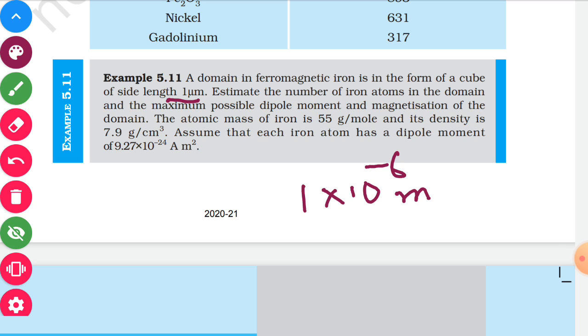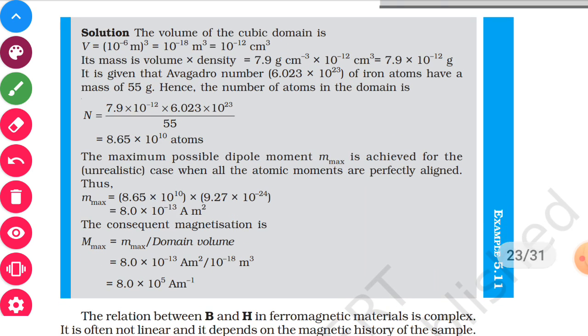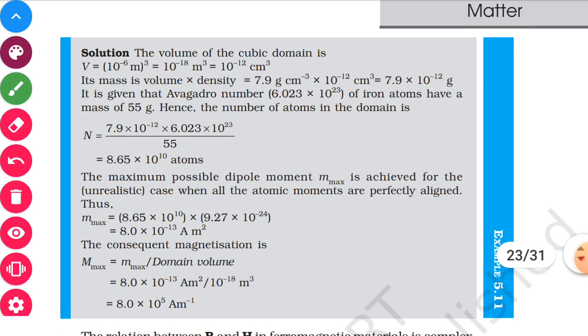The atomic mass is 55 gram per mole and density is 7.9 gram per centimeter cube. Assume that each iron atom has the dipole moment of this much. We just have to use our knowledge of the atomic mass and all.